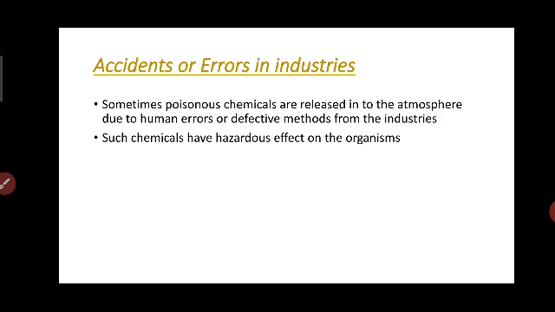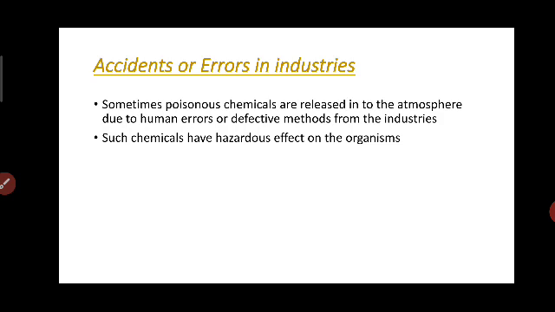So accidentally in the industries, some reactors exploded, and by the exploding of the reactors, so many people were affected by the poisonous chemical gases. Like that, the biggest disaster was in 1985, the Union Carbide factory disaster at Bhopal.